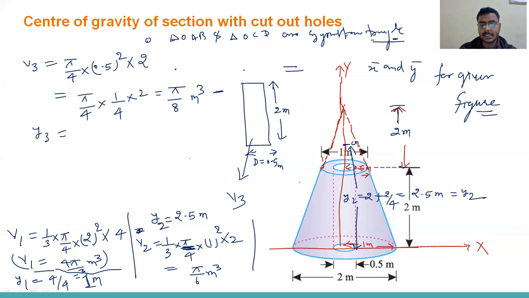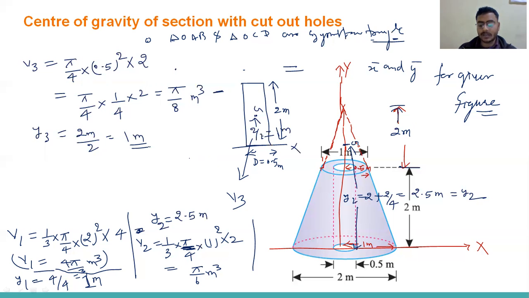So y3 is for the cylinder. Axis is here only, and this centroid will be here for the cylinder. So it will come height by 2. So 2 meter divided by 2, it will come 1 meter. I get your point. So what I'm doing, I have selected 3 segments: the total right circular cone with the larger diameter, for which we have calculated y1 from the x-axis.